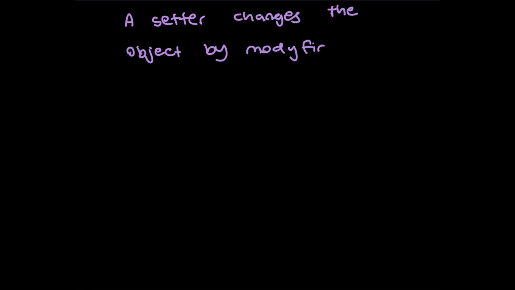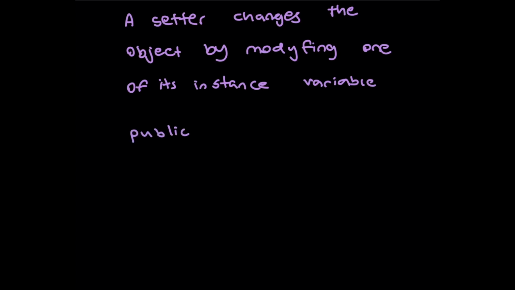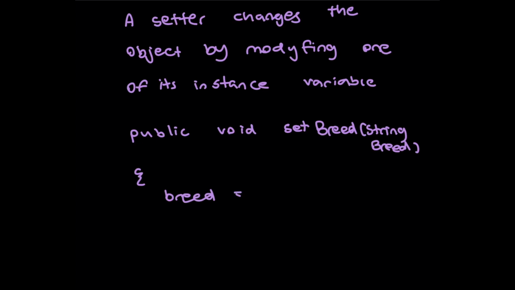Now let's go over setters. Setters are considered mutator methods since they change the state of an object by modifying at least one of its instance variables. For example, since we used breed as an instance variable in the previous one, we would use a public void setBreed and then put String newBreed inside the parameter list, and then we would say breed equals newBreed, and that's that.